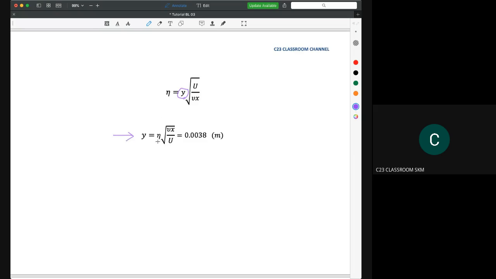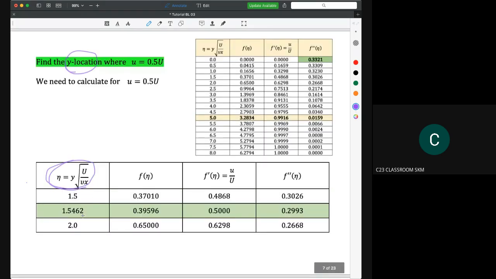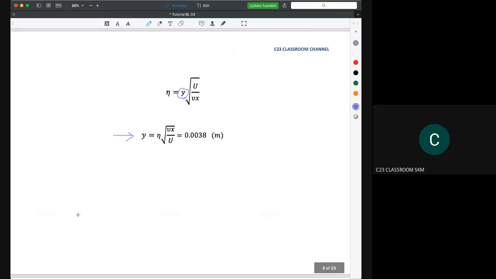We know the value of eta, we know the value of nu, which is the kinematic viscosity, we know the value of x, which is 2 meters, and the capital U, which in this situation is around 5 meters per second. So you substitute everything, and you will get y is 0.0038 meter.